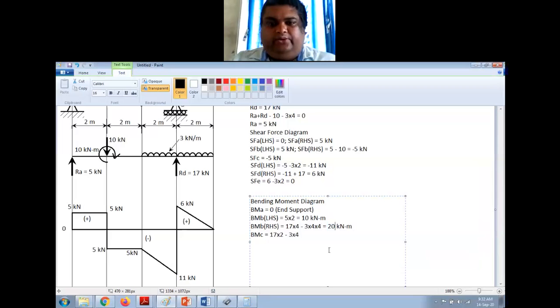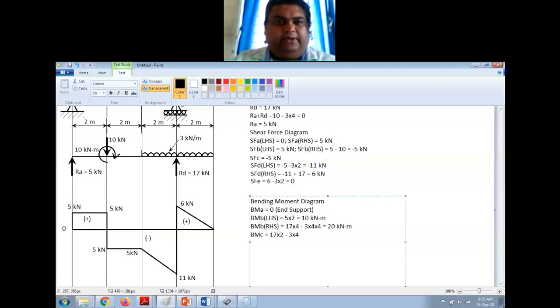20 kilonewton meter. Okay. Now I come to point C here, right? So here this distance will be 2. This force 3 into 4 is at this point. From this point to this point it is 2 meter. So into 2.